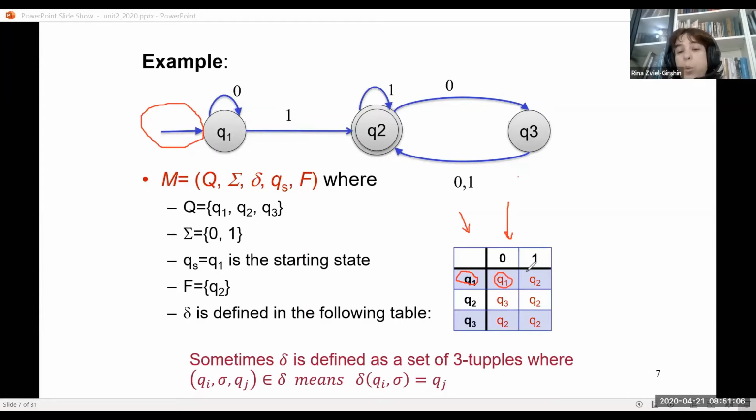From Q1 and 1, I move to Q2. So once again, the transition function delta explains where we should move: we have a current state and an input letter, and we move in some direction. Any questions?